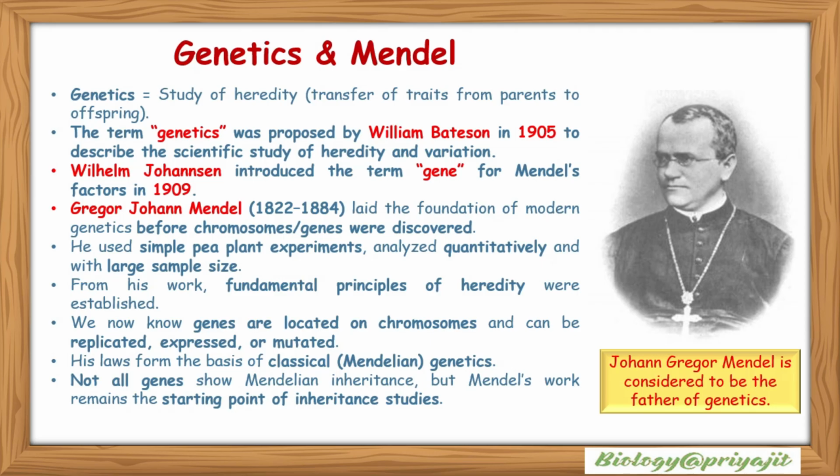We now know genes are located on chromosomes and can be replicated, expressed or mutated. His laws form the basis of classical or Mendelian genetics. Not all genes show Mendelian inheritance, but Mendel's work remains the starting point of inheritance studies. So Gregor Johann Mendel is considered to be the father of genetics.